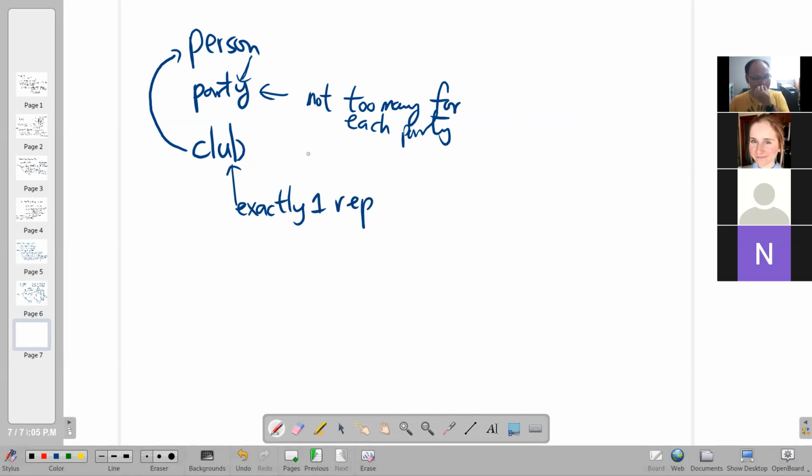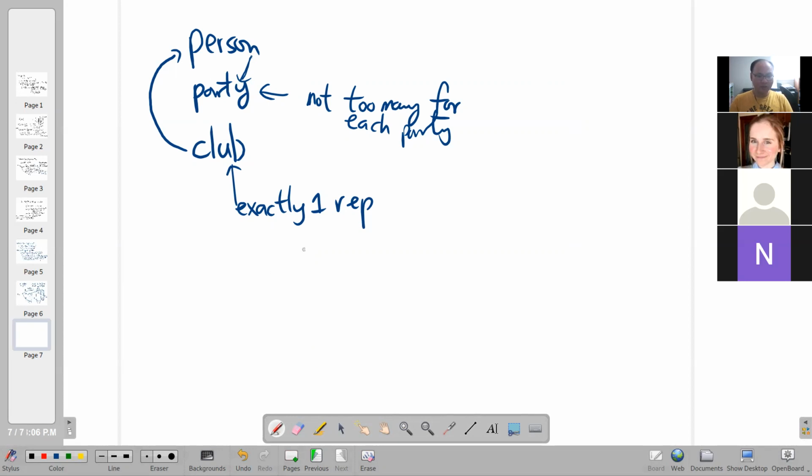So if you're drawing this, maybe club connects to person. Basically you give each club a token. They can pass this token to the person that represents that club. And that person will pass his token to the political party that they belong to. And then the party would collect all these tokens and make sure that they don't collect too many tokens. And that's basically the idea.